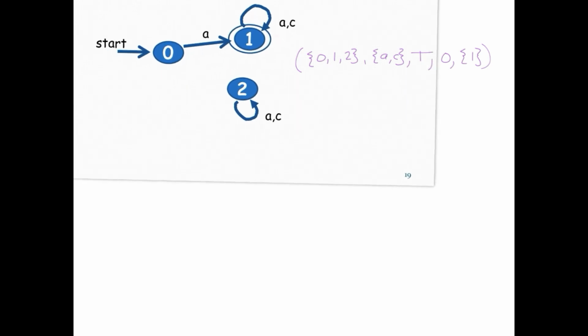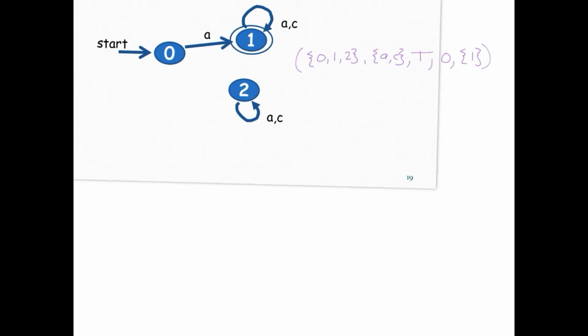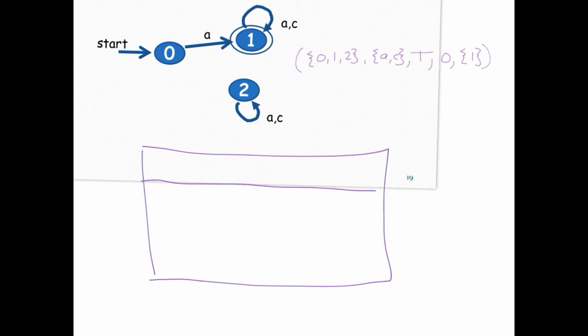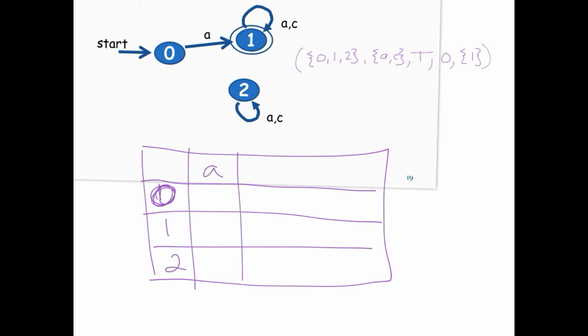All right, so now let's draw the transition table. So let's see. My states are state 0, 1, and 2. My alphabet is A and C, and I also have to add in a column for lambda. 0 on A goes to state 1 only, and there are no outputs from 0 on C or lambda.